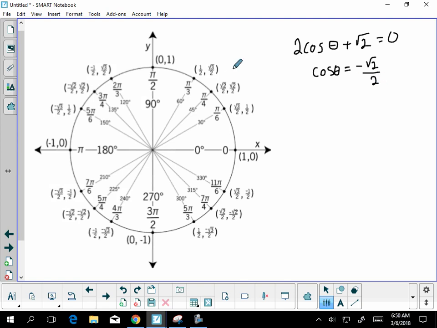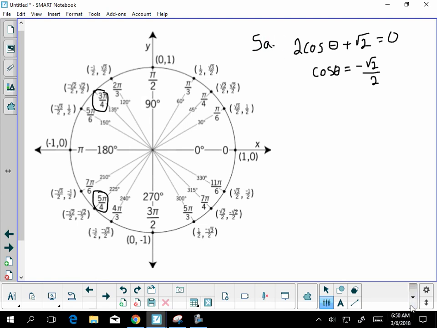So look where your x-coordinate is negative radical 2 over 2. And that happens at 3 pi over 4 and at 5 pi over 4. So that was 5a.